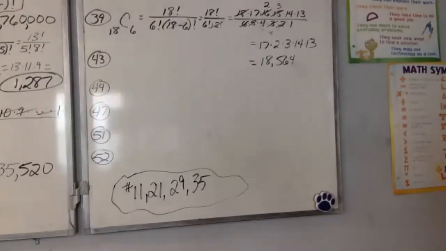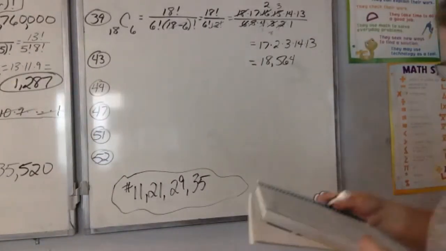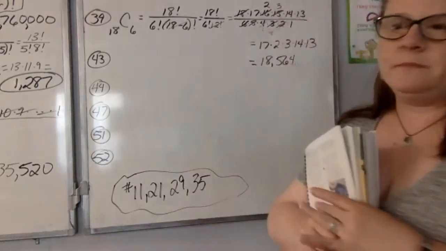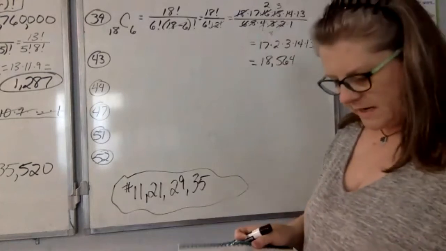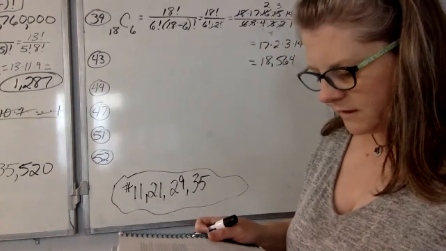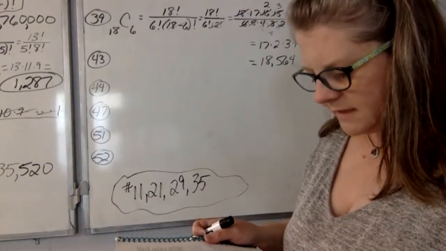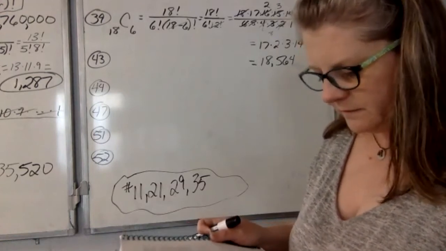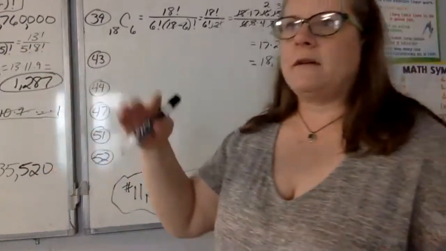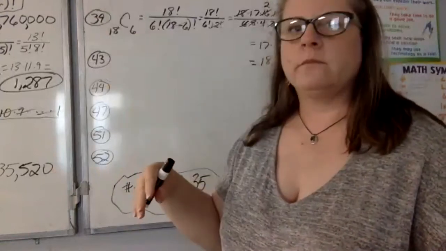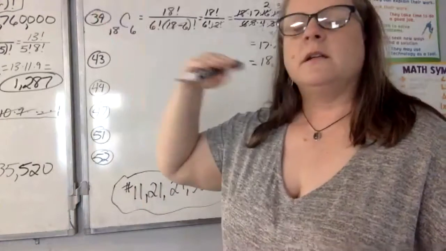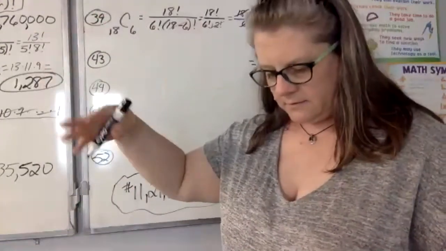All right, let's set up our lovely word problems, everybody's favorite. On number 43, it says a chess club has 55 members. They are going to elect 3 officers: president, vice president, and treasurer. Since you have 3 officers, do the offices have an order? Yes. President's first, then vice president, then treasurer.